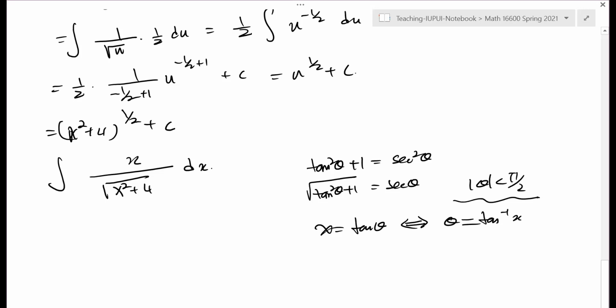Then they are inverses of each other, because at the end you get a function of theta, but you have to replace it by a function of x. So this is going to be secant theta here, and this will be tangent theta. Now the derivative of tangent theta gives dx equals secant square theta d theta.